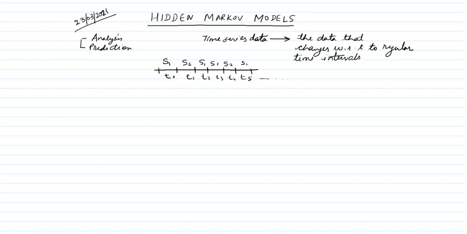With the passage of time, something is passing, something is not passing, so some kind of problem can be developed in that way. And another very popular problem that is being applied is speech recognition.